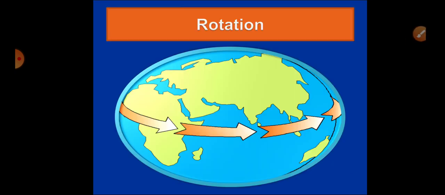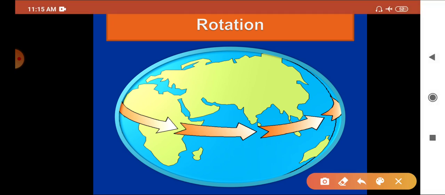Now coming to this picture, here you can see that in space, in our solar system, this earth is rotating on its axis like this. For example, we take one ball in our hand and start rotating it on our palm only.